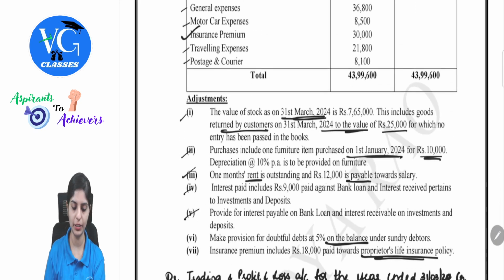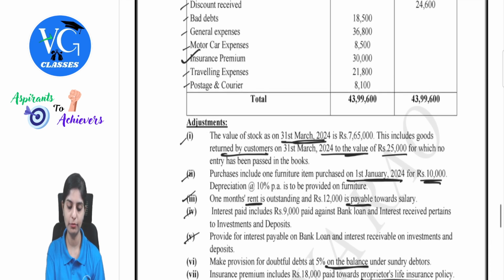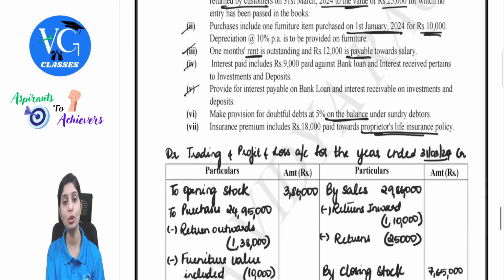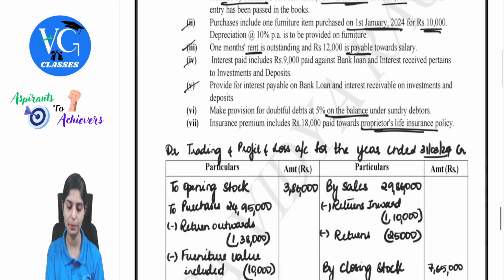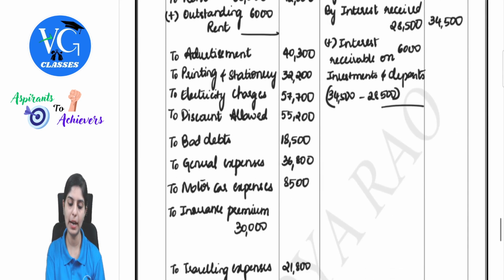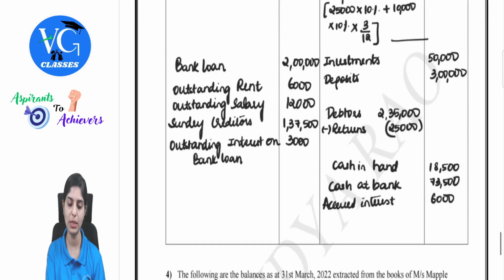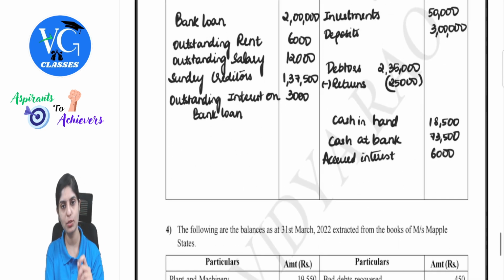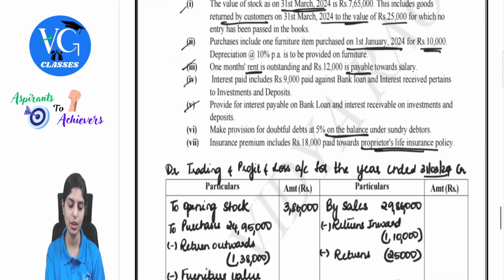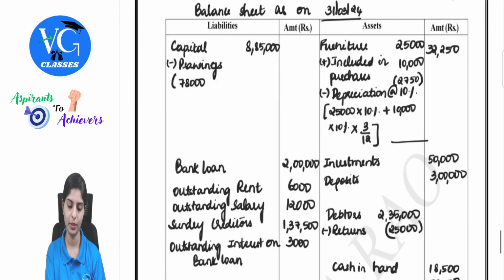Make provision for doubtful debts at 5% on the balance under sundry debtors. So bad debts is already done. For that, they are asking us to create a new provision. This needs to be recorded separately. 5% on the balance debtors. So balance debtors means 2,35,000 minus 25,000. Whatever is left on that, we have to take how much percentage? 5%.